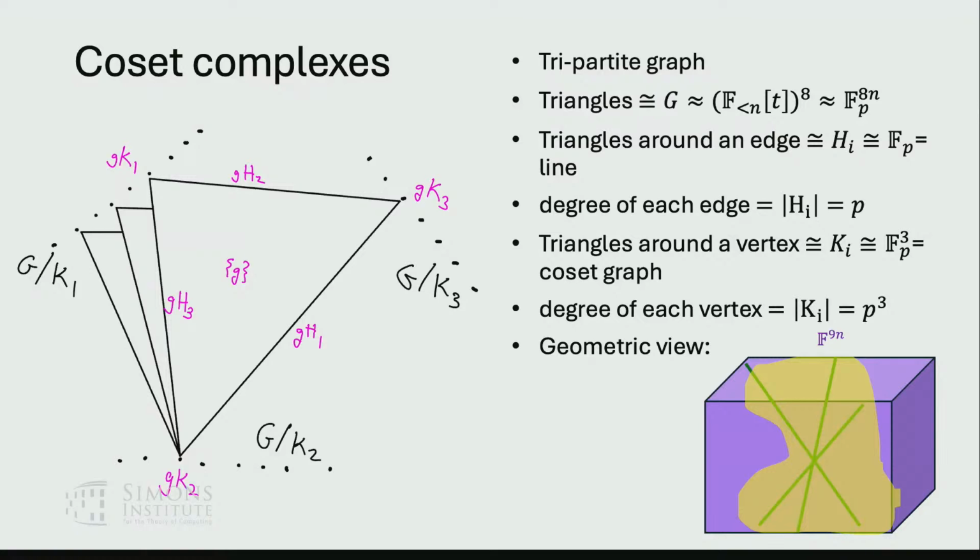So each edge is a line. So every triangle participates in 3 lines. So it means that every point here has 3 lines from the special collection of lines that go through it. Okay. So to summarize, together with this embedding, we specified a set of points in this vector space and a set of lines in this vector space so that every point participates in 3 lines. And there is some expansion stuff going on.